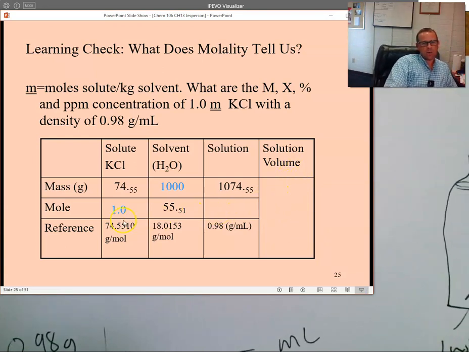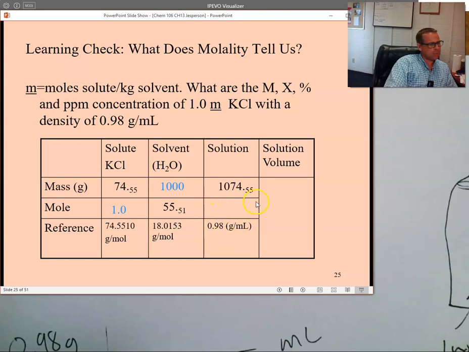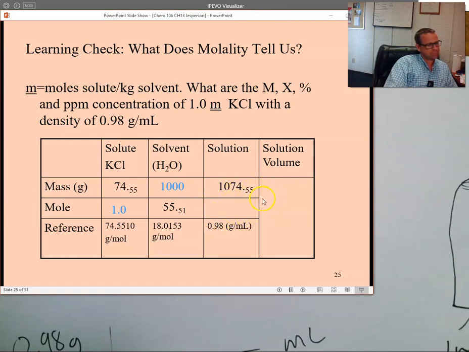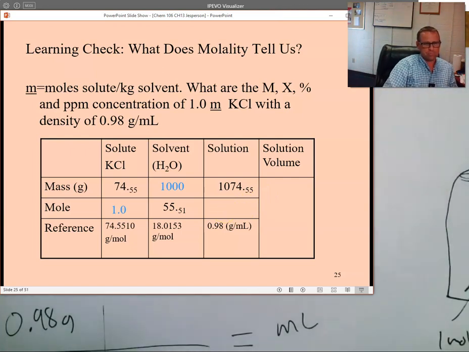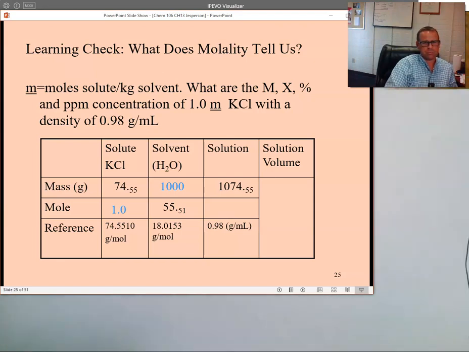Now, we also need our moles of solution. Where can we get our moles of solution, Taewon? Moles of KCl plus moles of water.